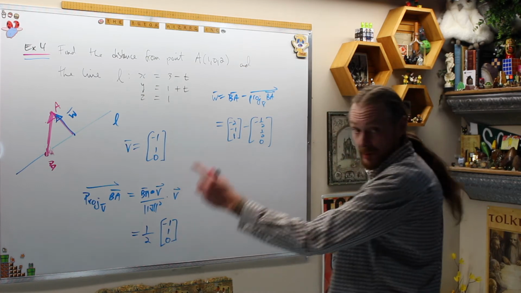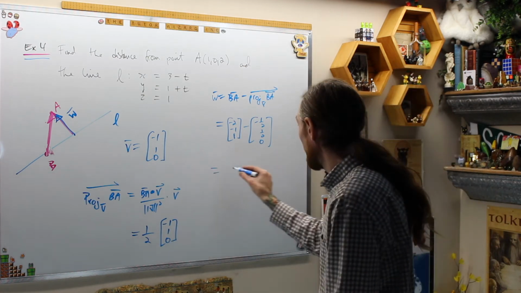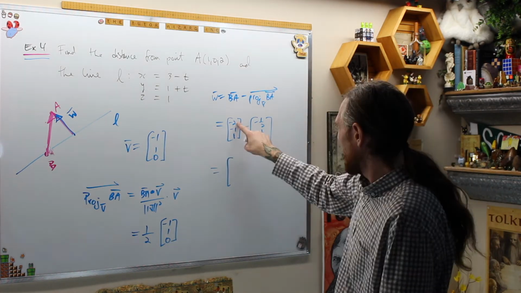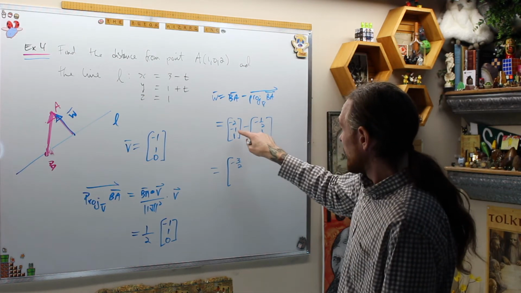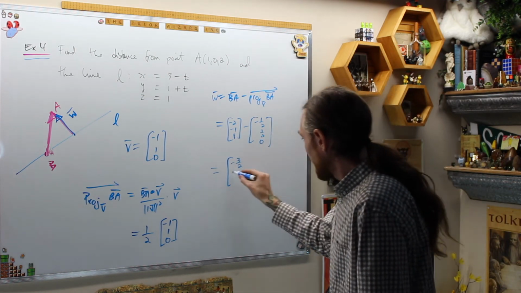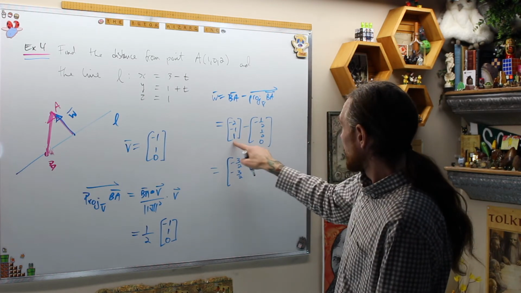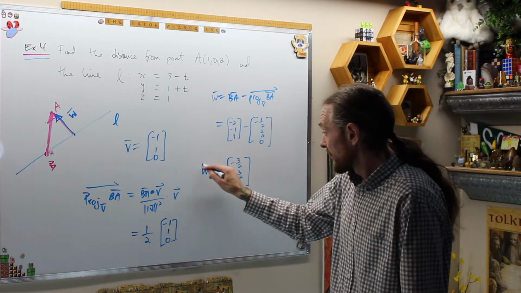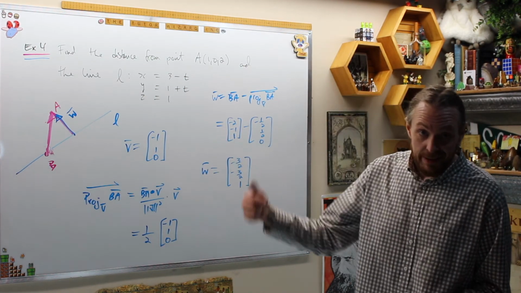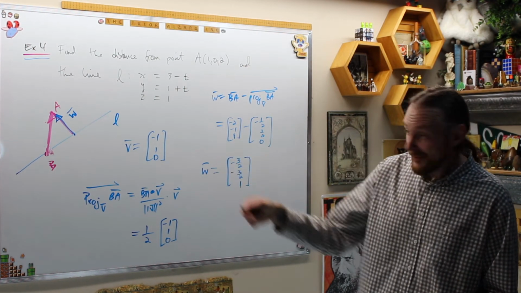I put the scalar multiple in. What is that going to give me? That's going to give me negative 2 plus 1/2, which is negative 3 over 2. This is negative 1 minus 1/2, which is negative 3 over 2. And this is 1 minus 0, which is 1. So now this is our vector W, which is the orthogonal complement of the projection of BA onto V.